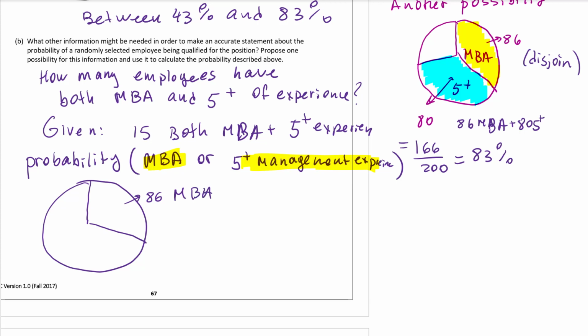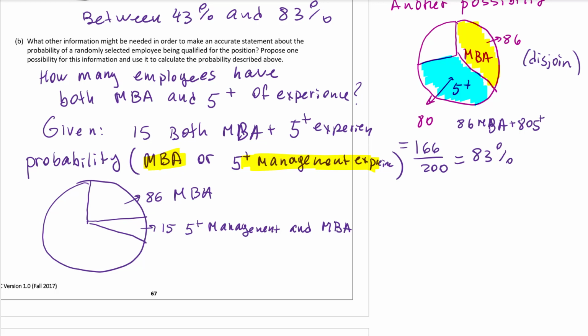But then we also have 15 of these MBAs that also have the 5+ management experience. The number of MBAs altogether is 86, so 15 in the management experience.